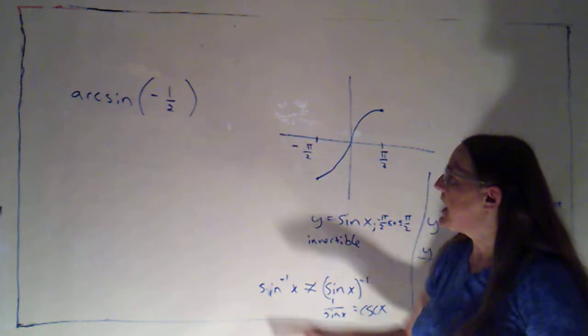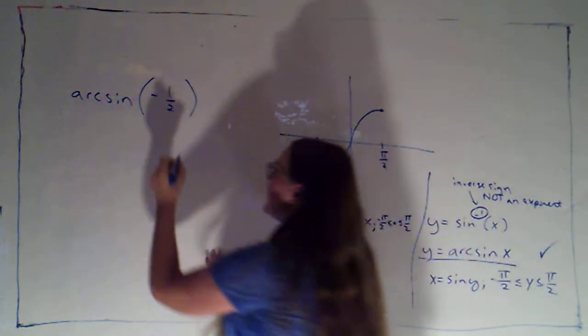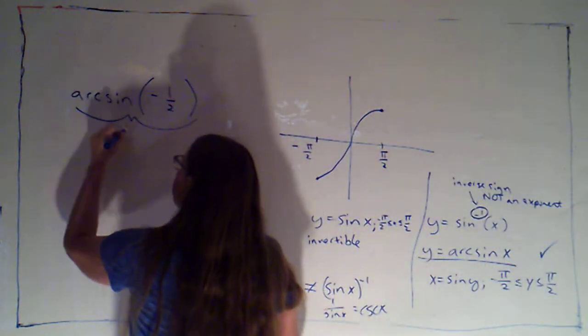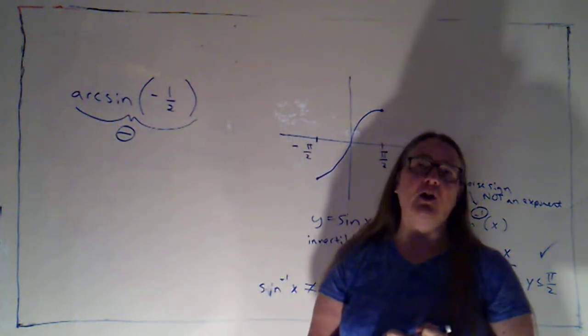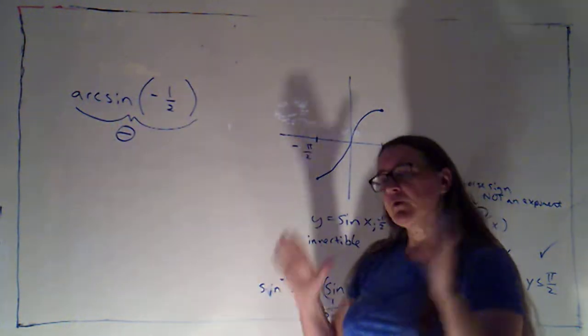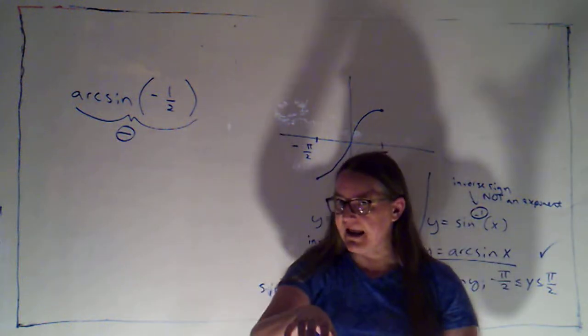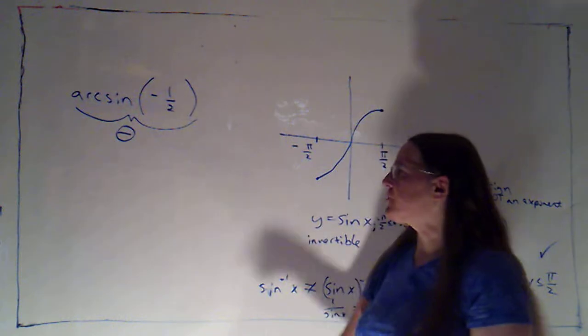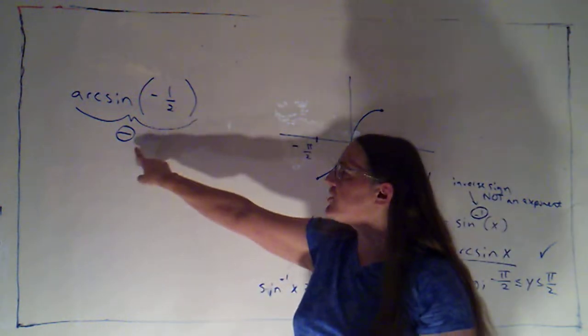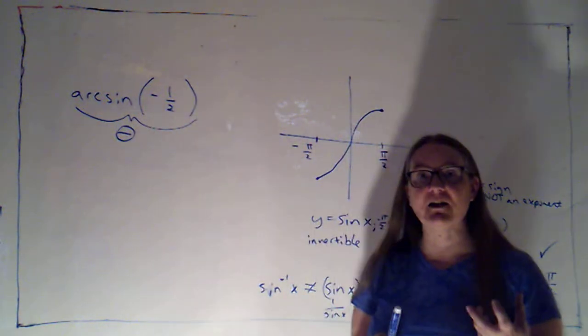Now, what I usually like to do is give that a name that reminds me that it's an angle. Because with trig functions, you plug in an angle and you get out a trig ratio. With inverse trig, you plug in a trig ratio, you're going to get out an angle.